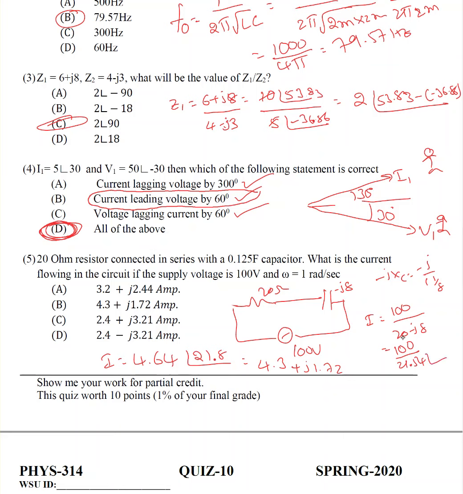You can see here I used this formula basically. Speed of light C equal to E over B. So he gave you B value. He's asking about E value. E equal to 3 times 10 to the power of 8 times 2.5 times 10 to the power of negative 7. So what is that value? 3 times 2.5, is it 7.5?